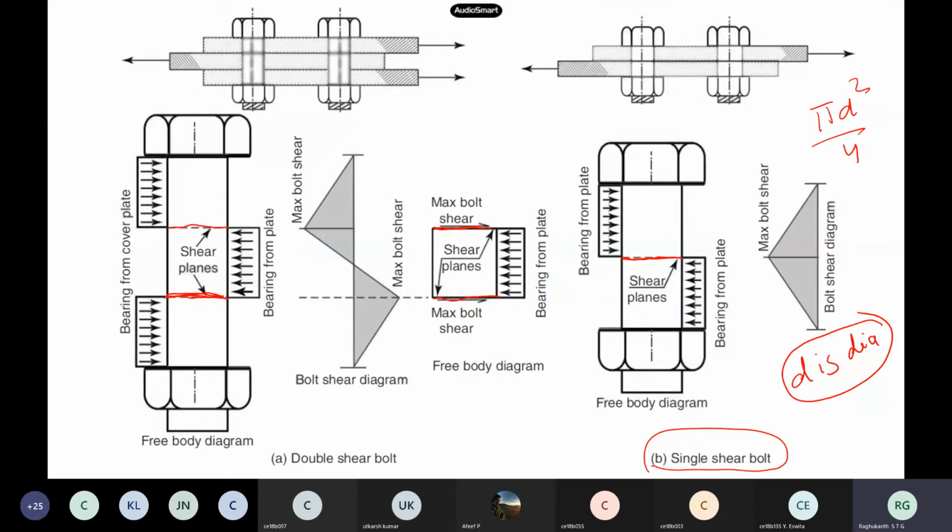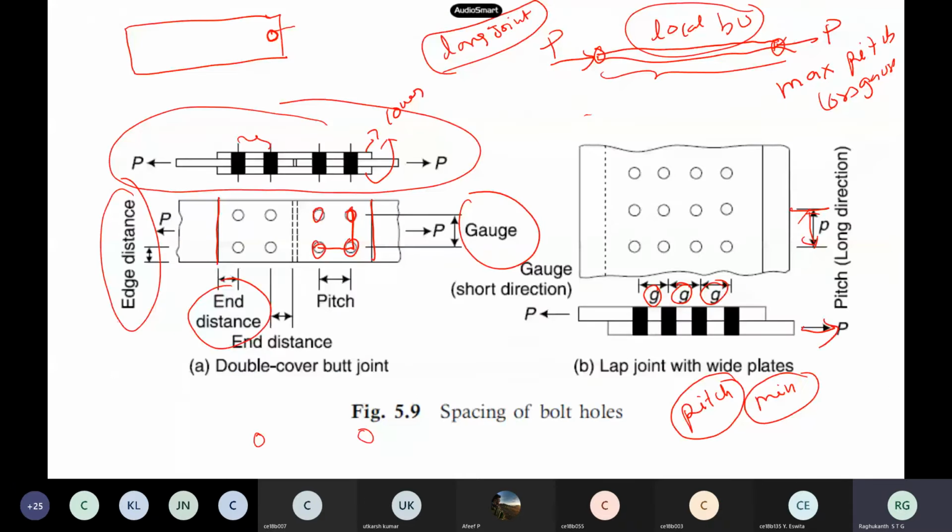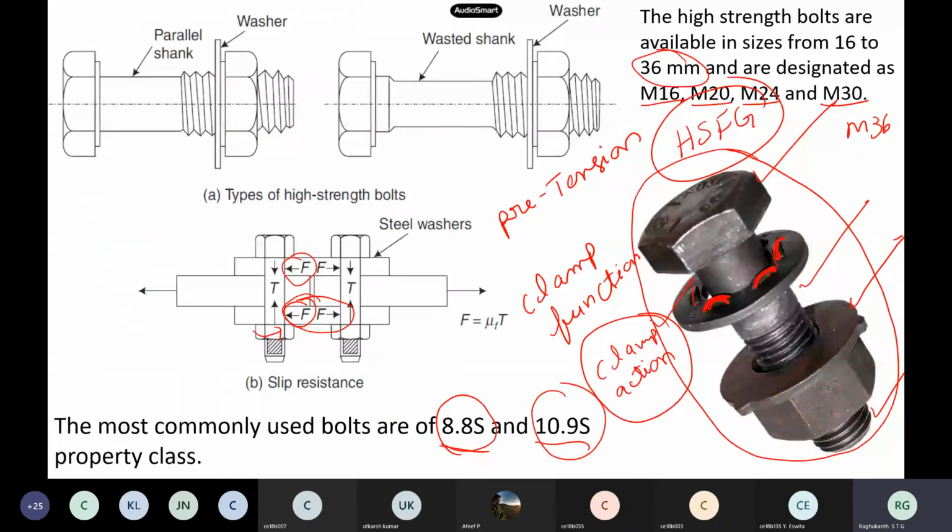Now suppose the shear plane passes through the thread, as we have seen previously. So what will be the area? Like yesterday I told you, there is a table, but there is also a thumb rule. How many times do you have to multiply? I will show you that slide also.